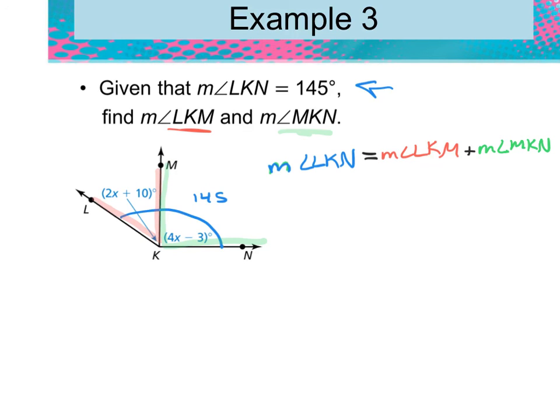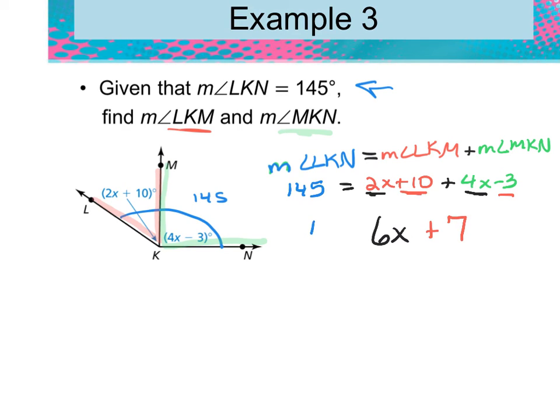So I'm going to do 145 equals 2x plus 10 plus 4x minus 3. I need to solve this algebraically. I'm going to combine my like terms. So this gives me 6x. I'm going to combine my numbers. 10 minus 3 is 7.